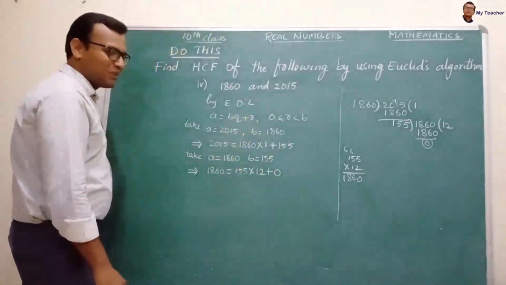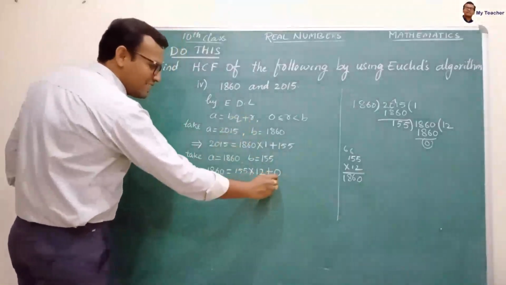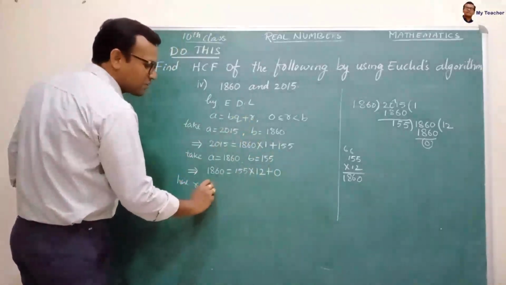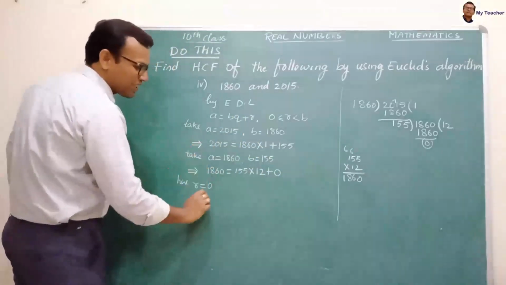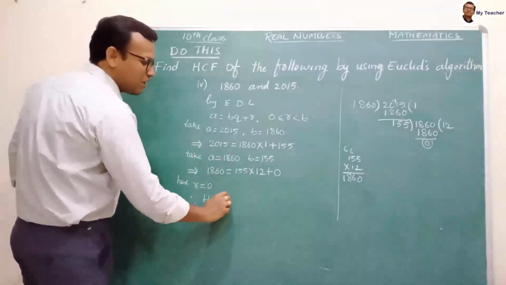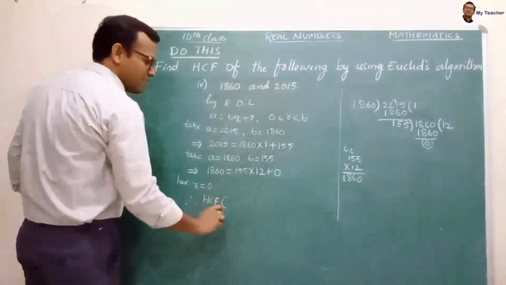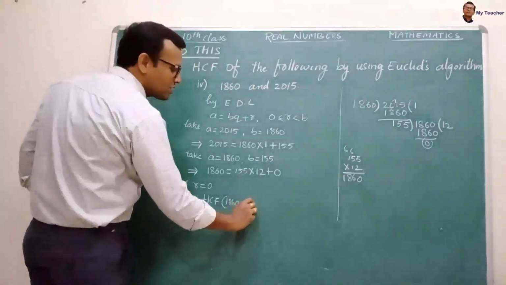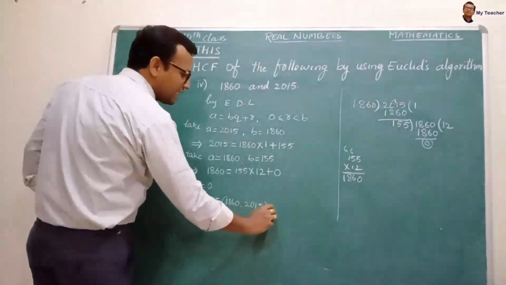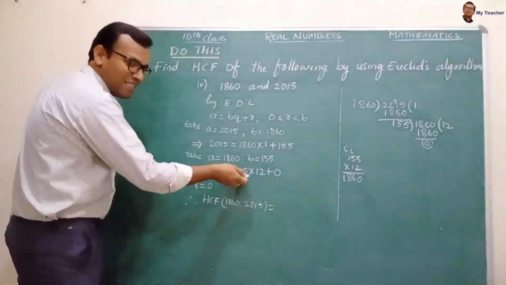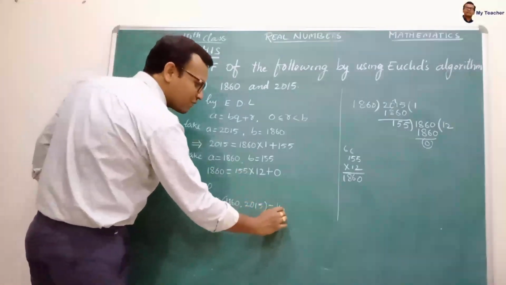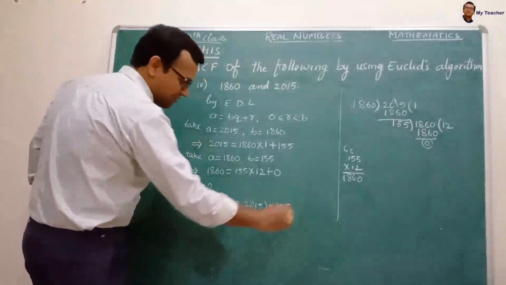So plus 0. Then since here R is equal to 0, therefore the HCF of the given numbers 1860 and 2015 is the divisor in the last step. So that is 155.